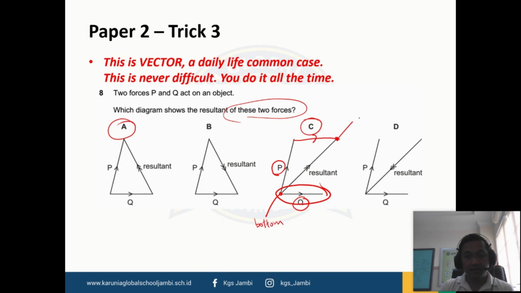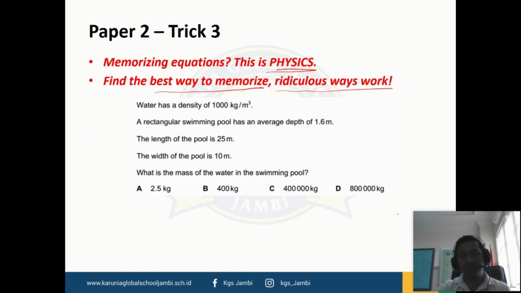So this is the bottom point and this is the final head, let's say the final point. If you move from here to there, from here to there, now draw a line from the very beginning up to the very last of the chain of vectors. So this is the resultant, the correct resultant.